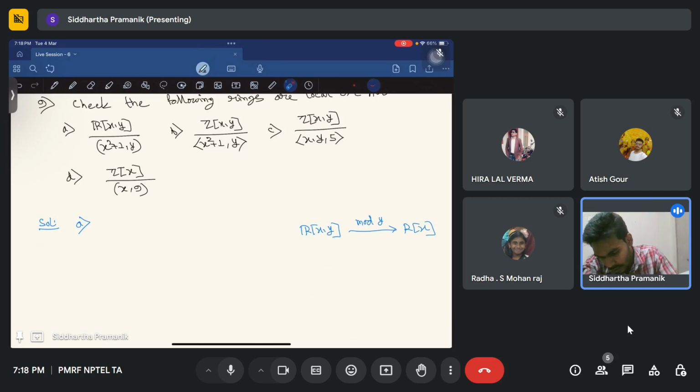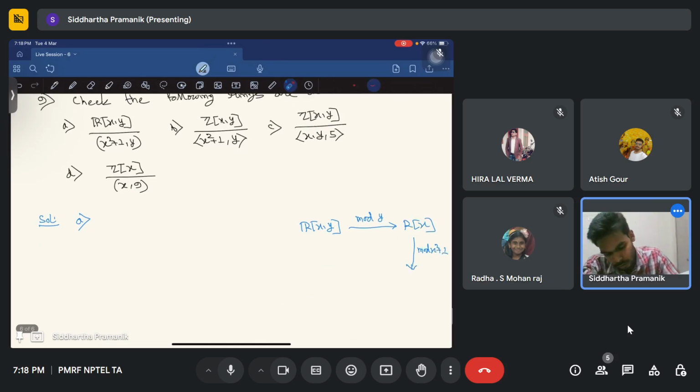Now what is the image of x^2+1 in this? It remains the same, right? So you just need to go mod by x^2+1. So what is R[x] modulo x^2+1?